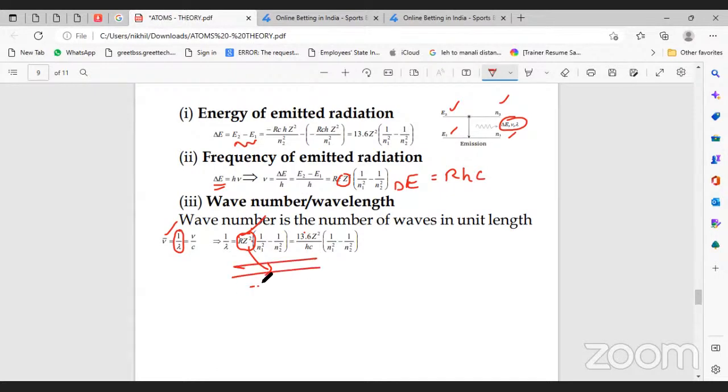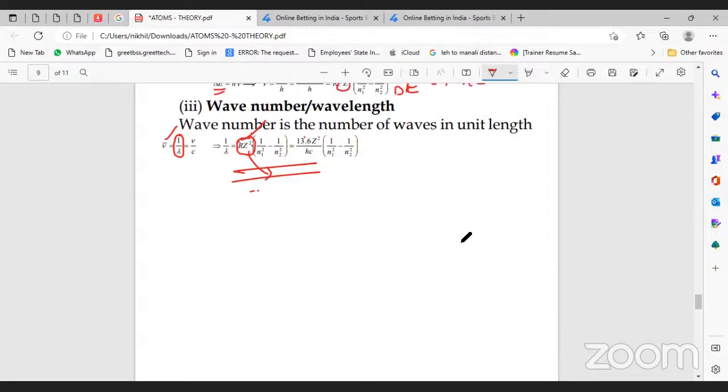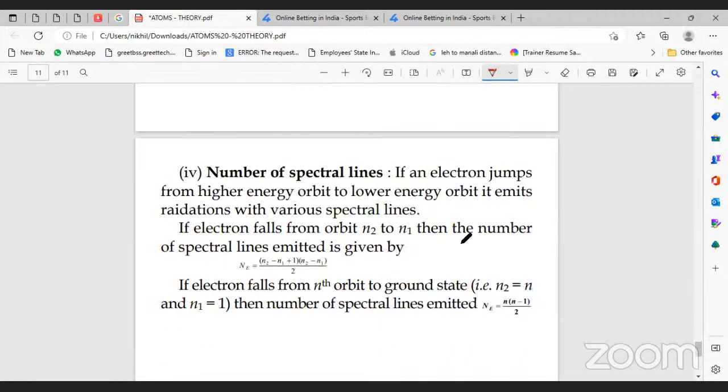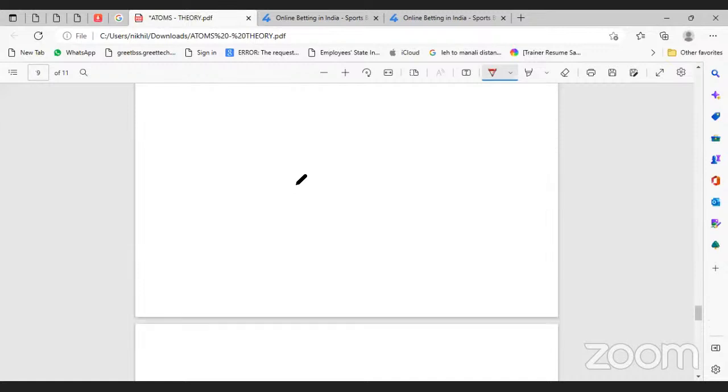Please be very careful in this. So this is the concept of the energy emitted by the electron when it jumps from a higher orbit to a lower orbit, and the wave number. Got it? Before going to the number of spectral lines, you must know the concept behind the spectral series. So let us take up the next concept, that is spectral series.